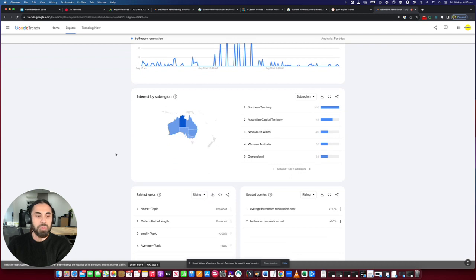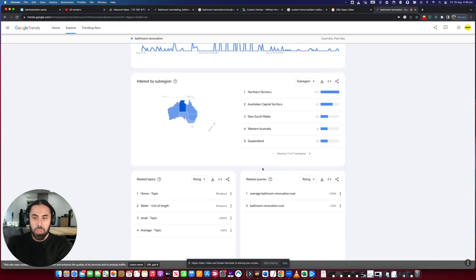But if you wanted to dig deep, then you'd see that Northern Territory had the most amount of activity, and ACT at 65%, and then New South Wales 40, and Western Australia and Queensland. So that's a quick way for you to get an idea of what people are searching for, which locations seem to be getting the most activity, and so on and so forth.